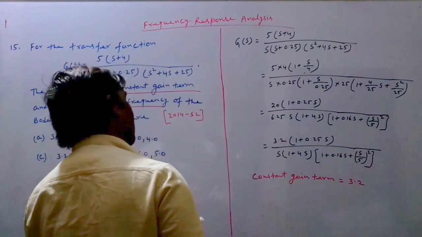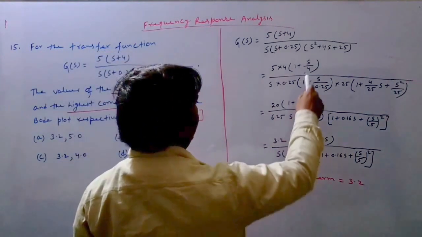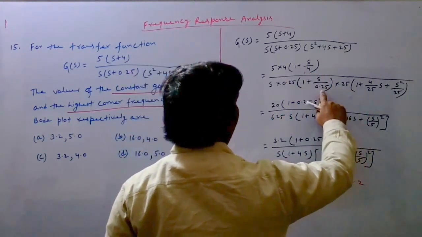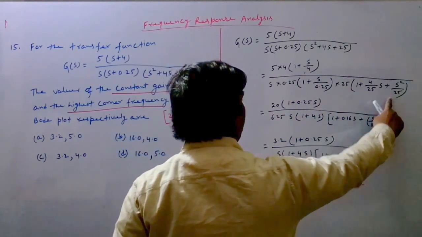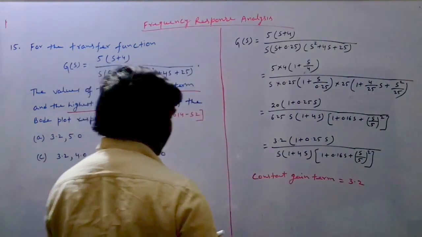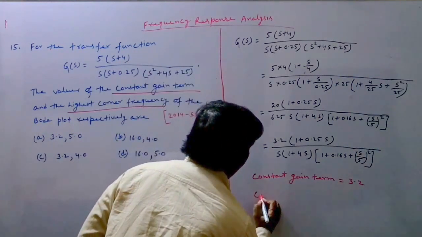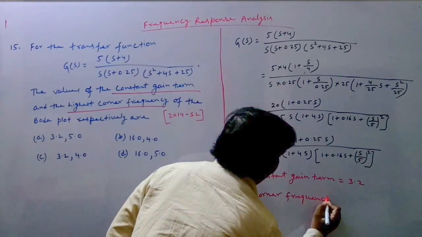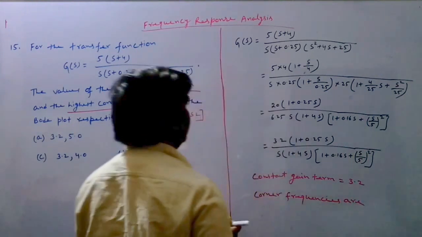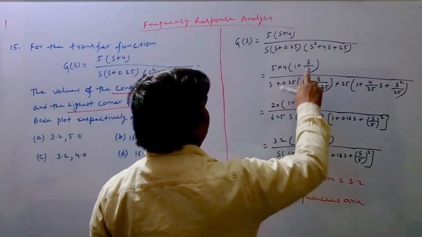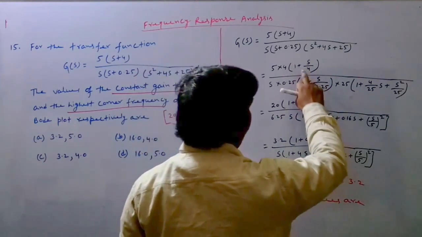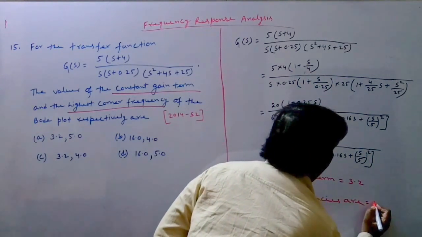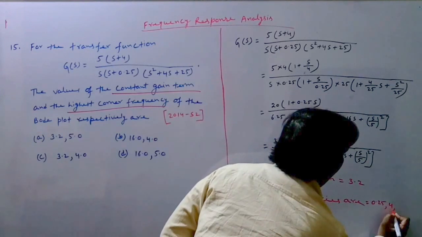And from here we can see the corner frequencies are 0.25, 4 and 5.